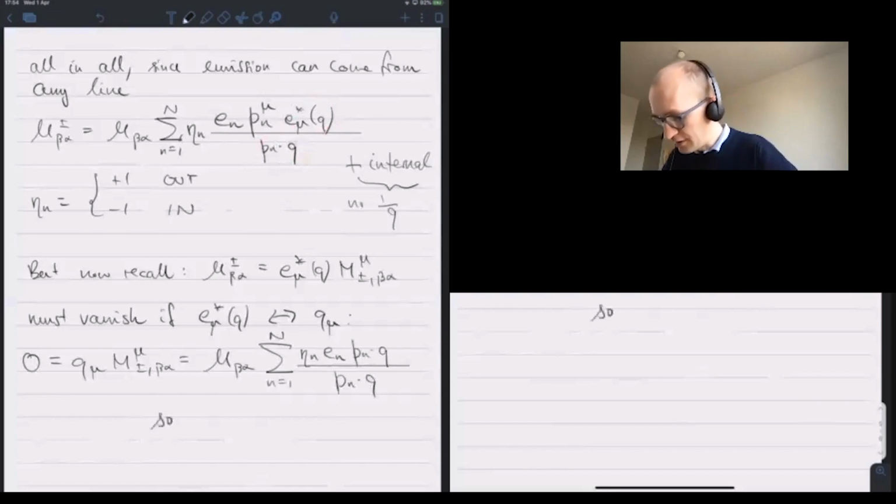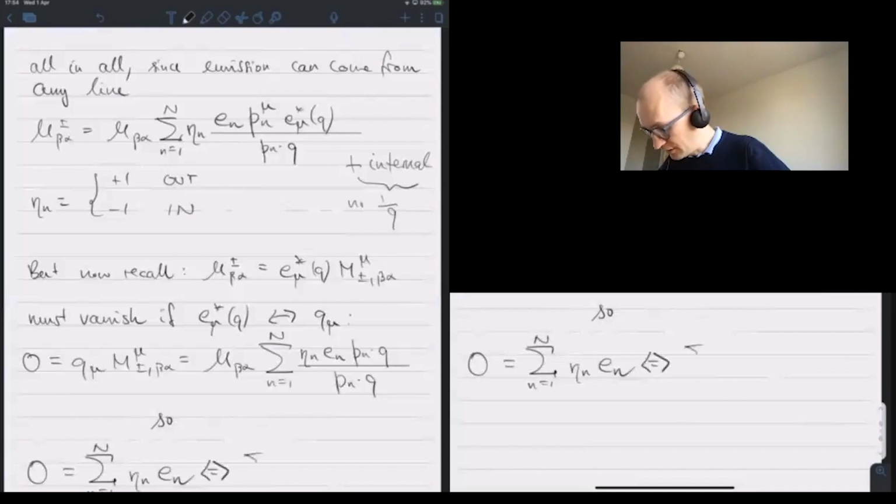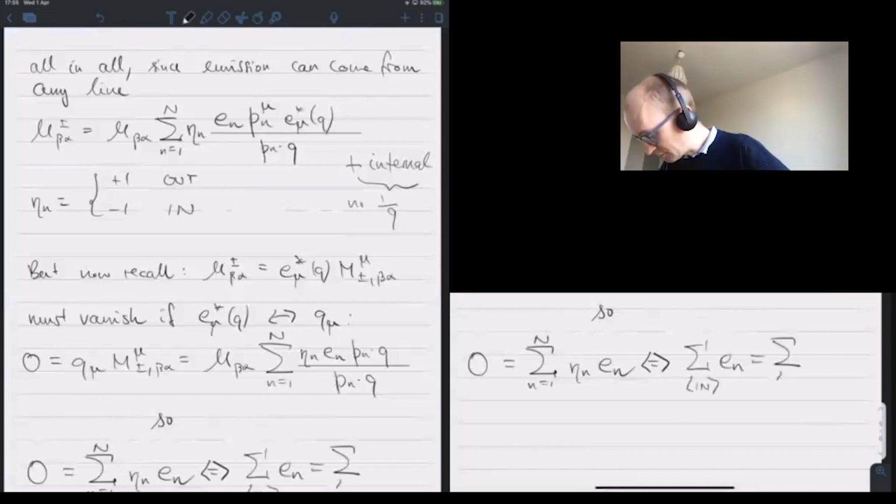And our conclusion is that, so this is the first main conclusion, 0 equal to the sum n from 1 to N of eta n En, which you can write in a more suggestive manner. That is saying that the sum of all ingoing charges En better be equal to the sum of all outgoing charges En, right?